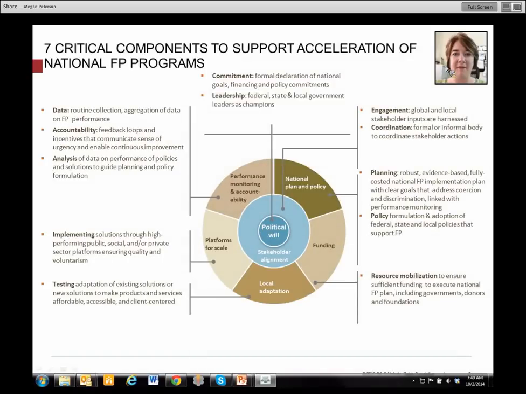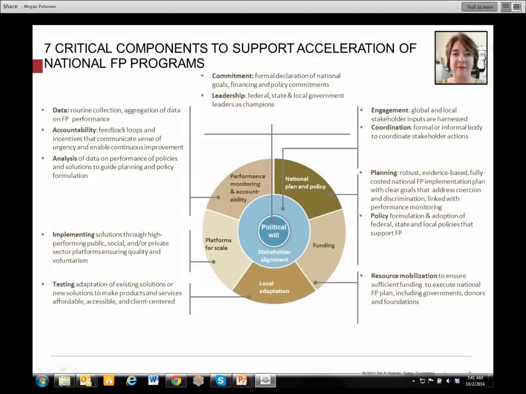Obviously, data is a huge issue for us and really helps to justify investments that we make going forward. And all of this is centered around political will at the highest levels within a country, and stakeholders being aligned to that political will and to the global goals around family planning.